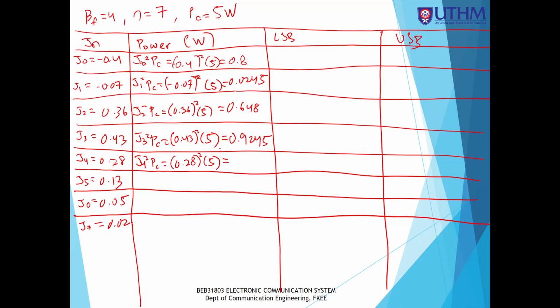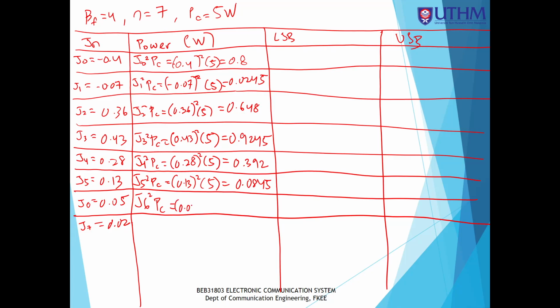So how much is this? 0.392. Okay, and then J5, so this is 0.13 squared times 5. So this is 0.0845.